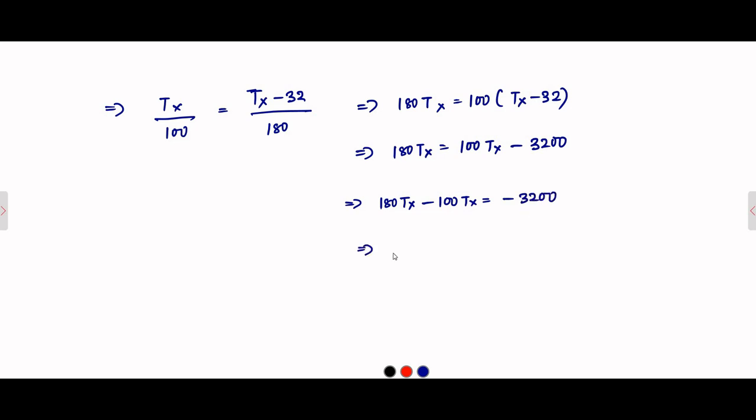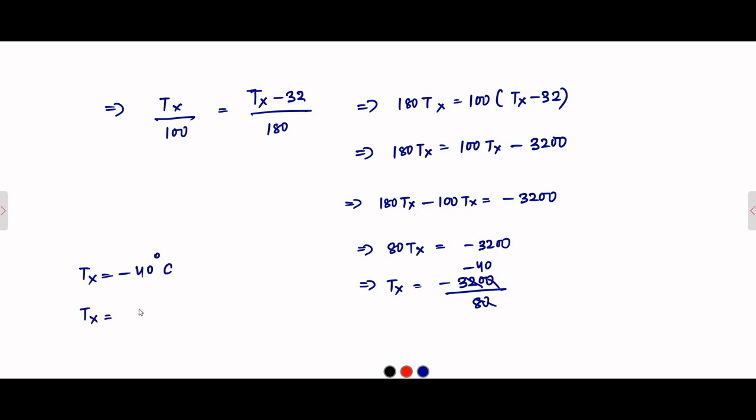That implies 80 Tx is equal to minus 3200. That implies Tx is equal to minus 3200 by 80, equal to minus 40.